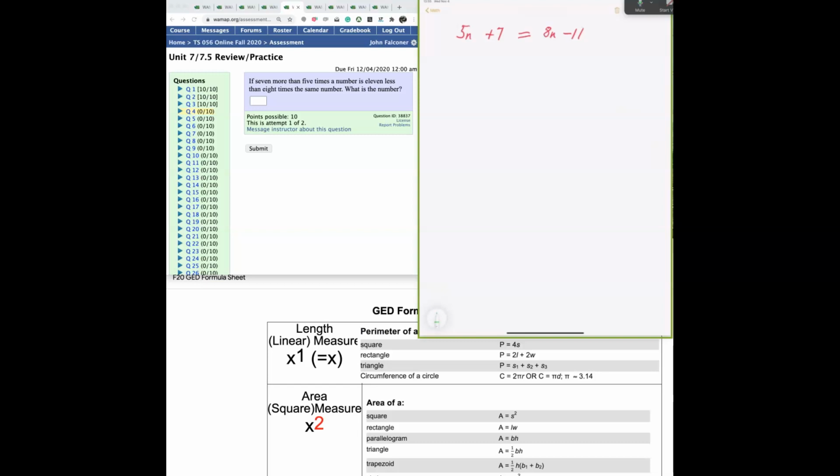Does this look okay? If you were to write it out the same way they wrote it, 7 more, plus 7, and then 5 times a number, this 5 is positive, and that's going to be equal to 11 less, and then positive 8n, right? Because they never said it was negative, 8 times the same number.